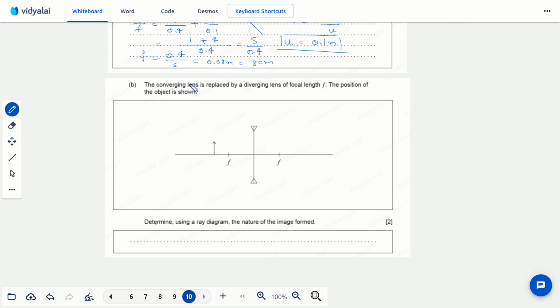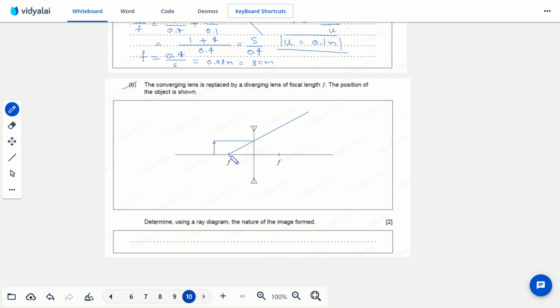And for the second part, the converging lens is replaced now by a diverging lens. So we're going to do this right now. Since it is a diverging lens, the first ray, which is parallel to the principal axis, gets diverged as if it's being emitted from one of these principal foci.